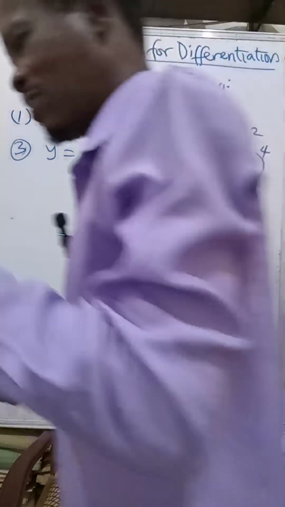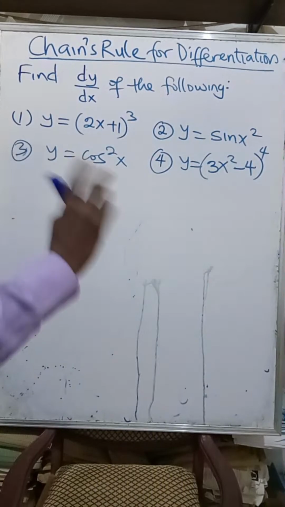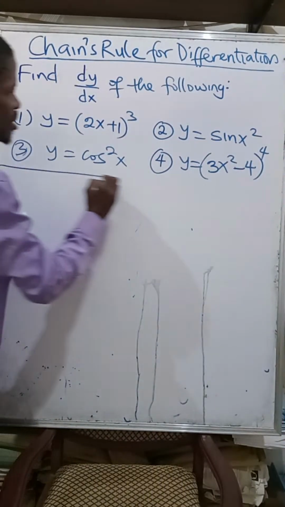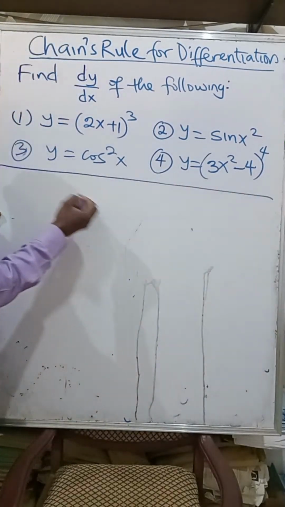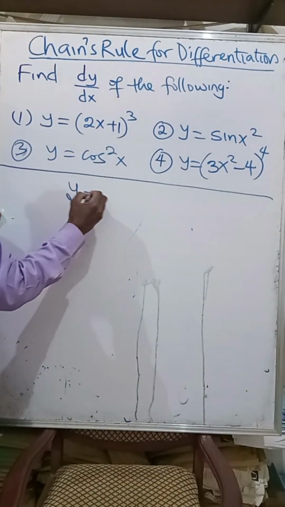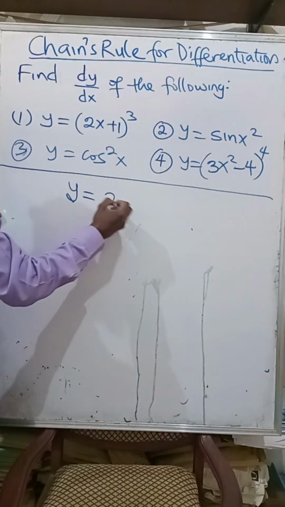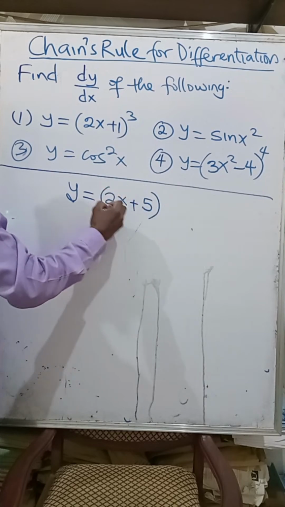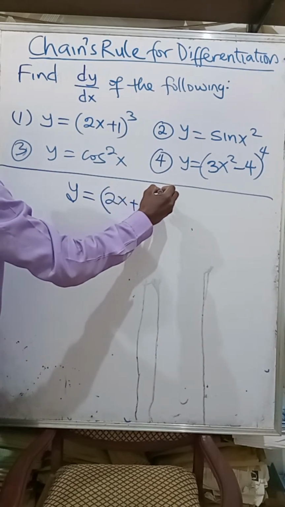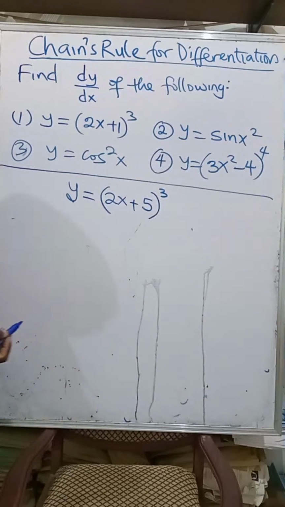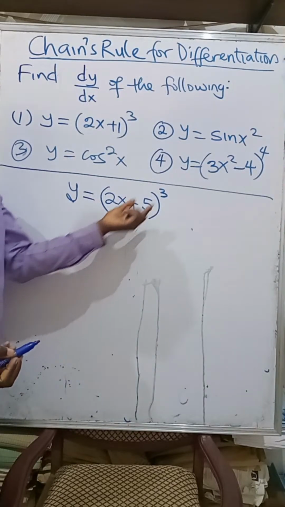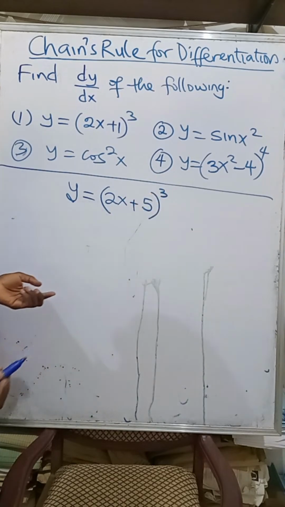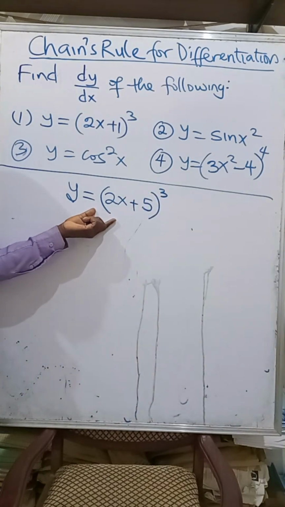I'm going to analyze two scenarios. The first one is when you have an expression, let's say you have 2x plus 5 and the power, maybe power 3, power 4, or a fraction. Then you can use your chain rule.